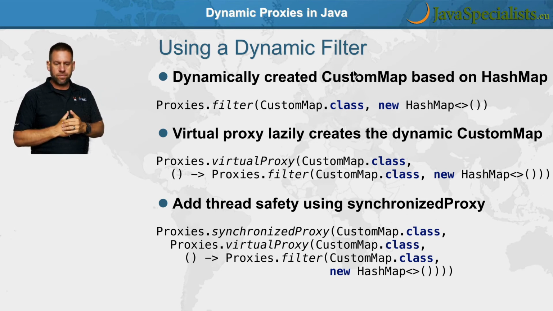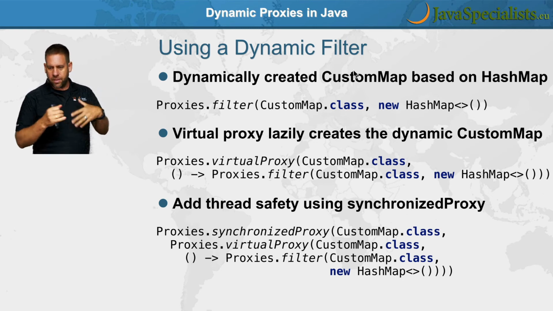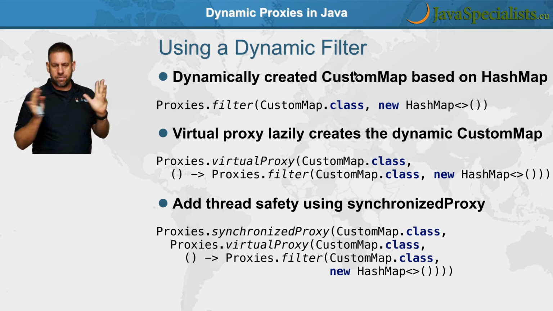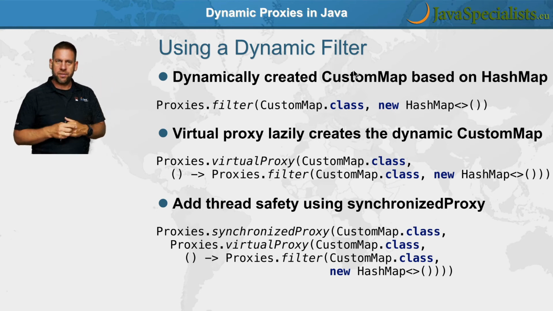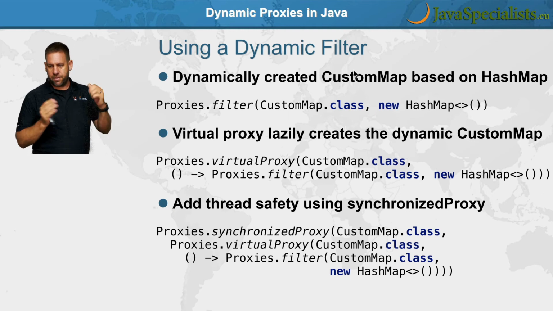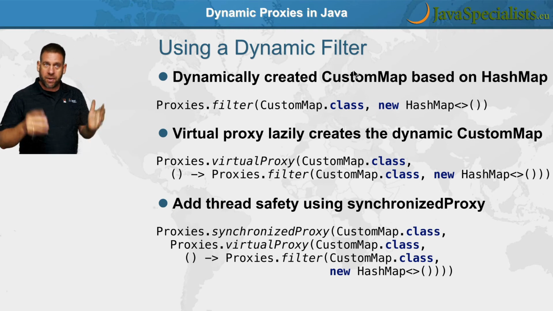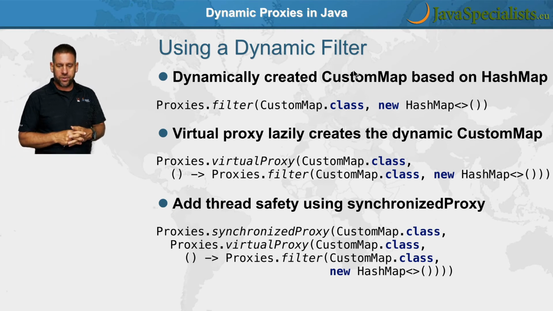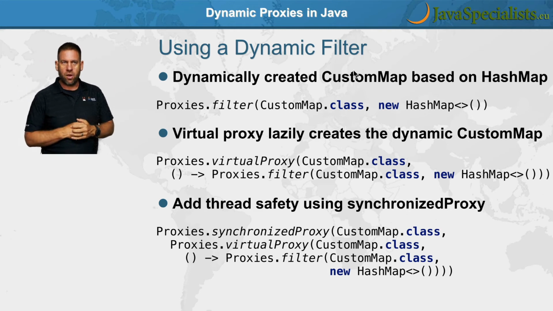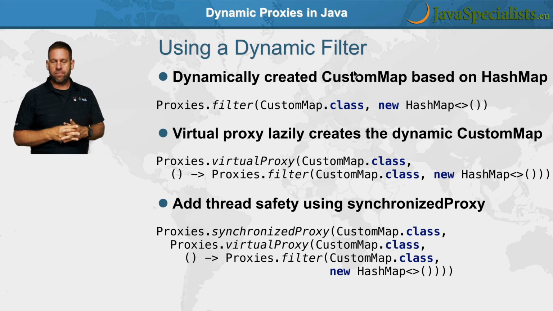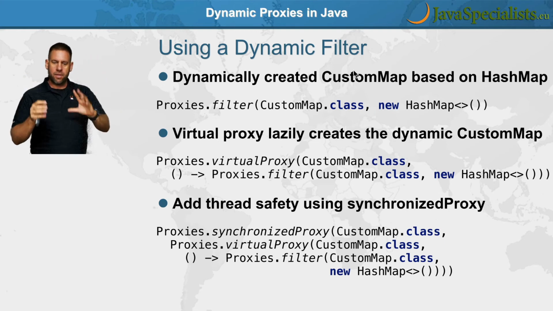And if we want to create this filter lazily, then we can do it by saying proxy.virtualProxy with custom map.class and then proxy.filter and custom map.class and the hash map. And if you also want thread safety, there's another one I've written called synchronized proxy. So lots of different options of how we can wrap the custom map classes.